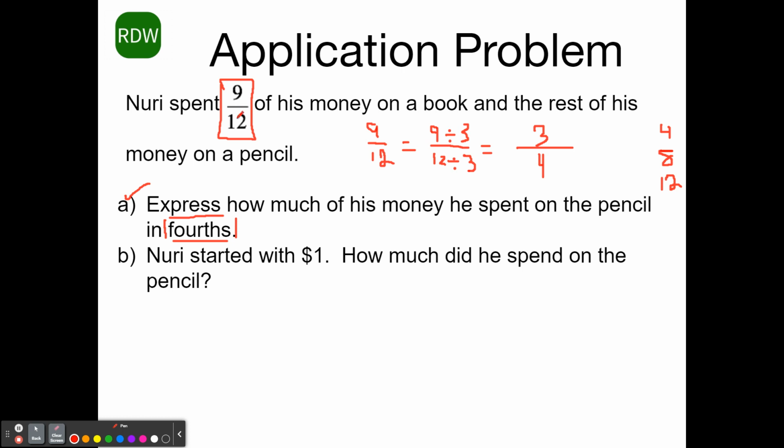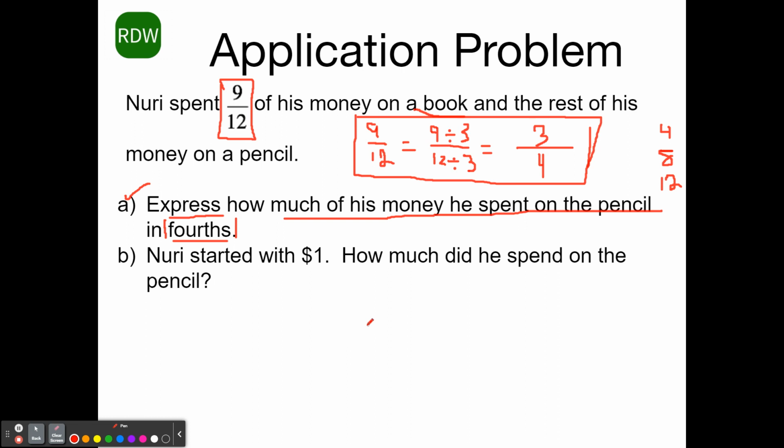Oh, wait a second. I have to reread this, because he spent 9/12 of his money on a book, and I want to know how much of his money he spent on the pencil. So what I figured out right here is that he spent 3/4 of his money on a book.